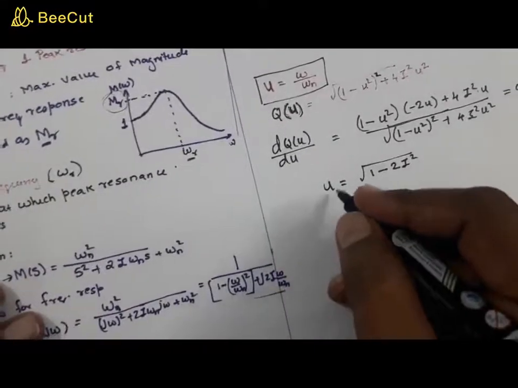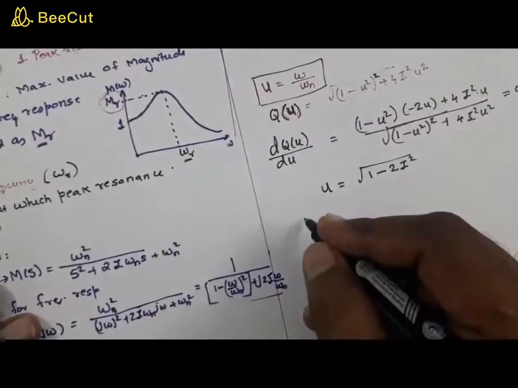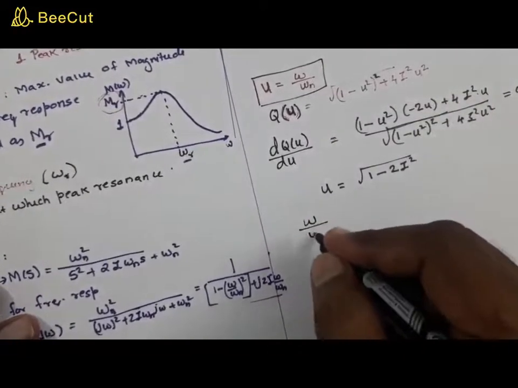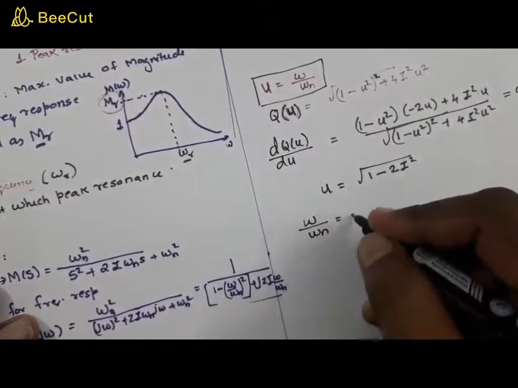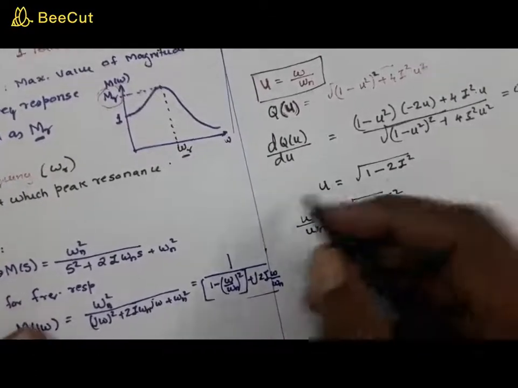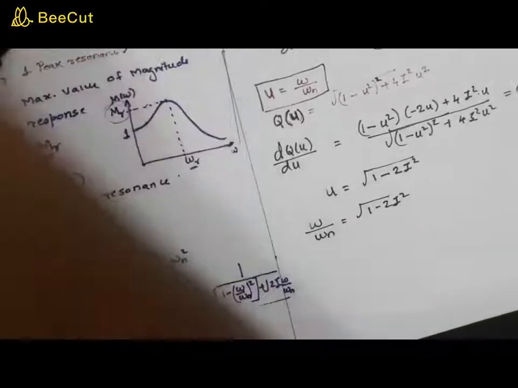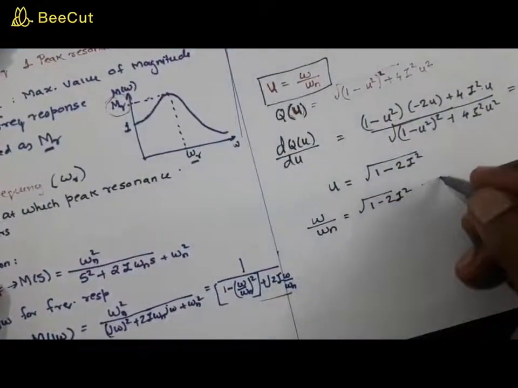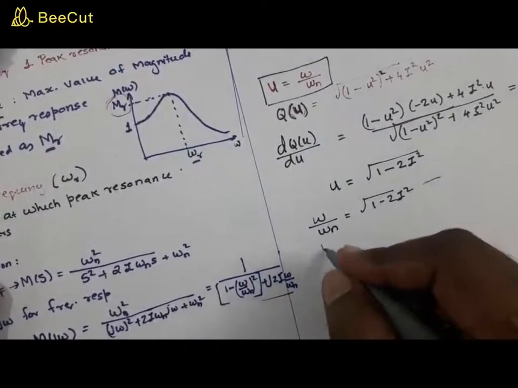Now when you resubstitute this value, you will get omega by omega n is equal to root of 1 minus 2 zeta square.